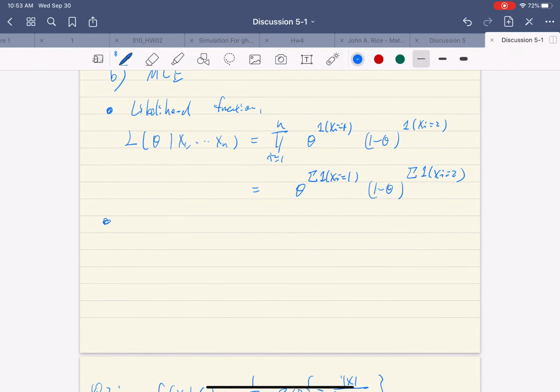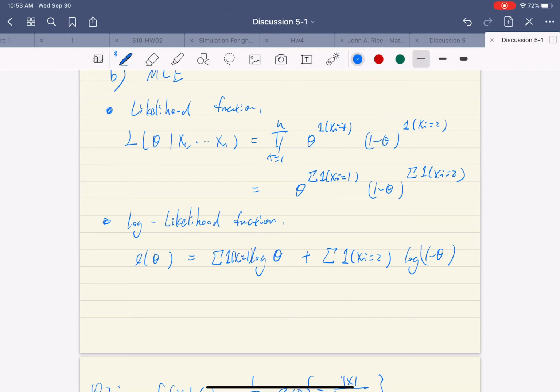In the second step, we have to find the log likelihood function, which is this: log theta times the summation of the indicator function of Si equal to 1, plus the summation of the indicator function of Si equal to 2 times log of 1 minus theta.